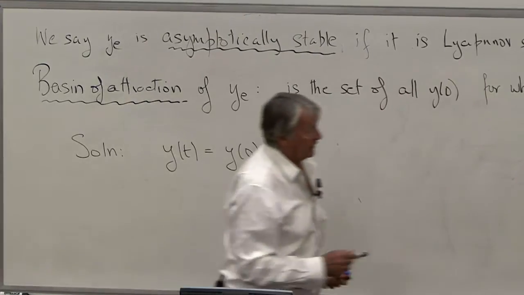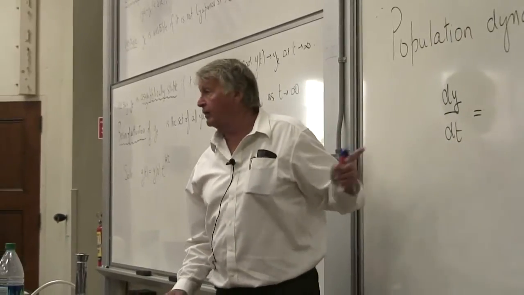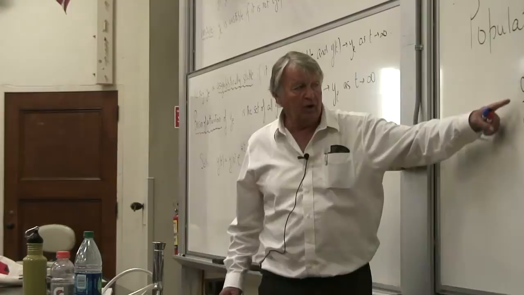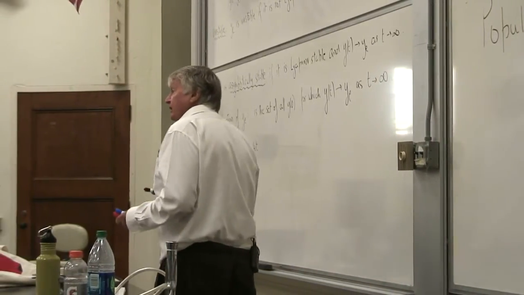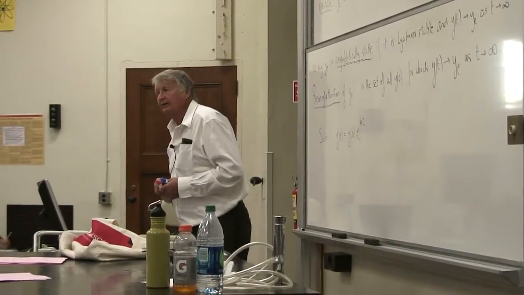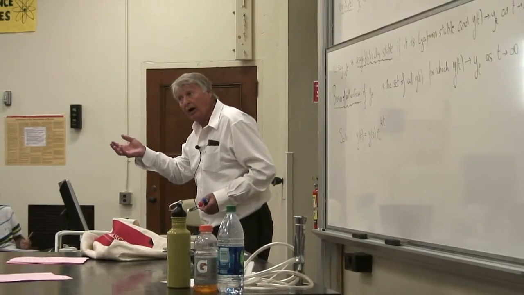How do we do that? It's separable. We divide across by y. We assume y isn't 0. Then we get dy over y equals k dt. We integrate. I get log of the absolute value of y, but since y is positive anyway, we'll just say it's log y.